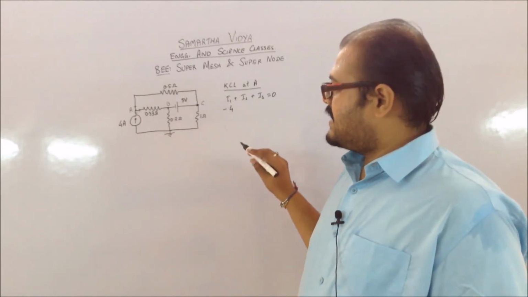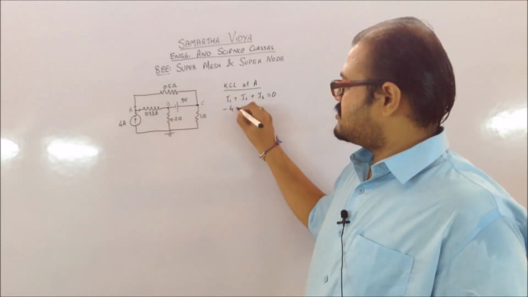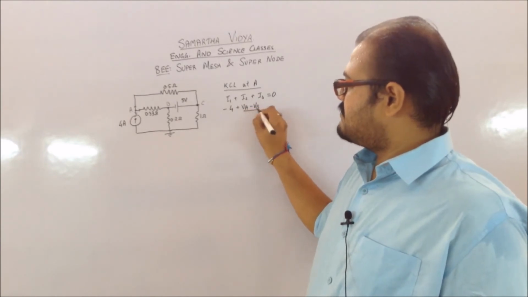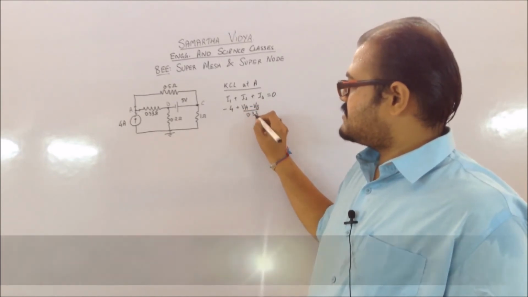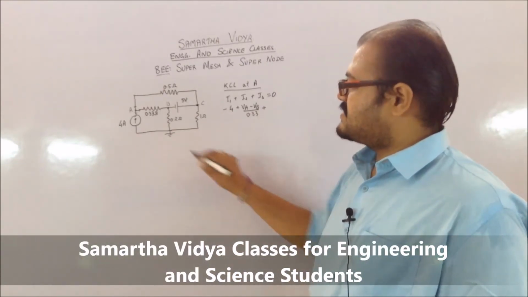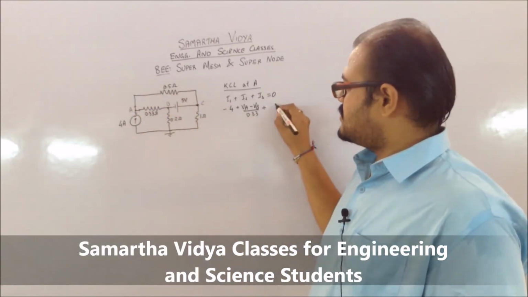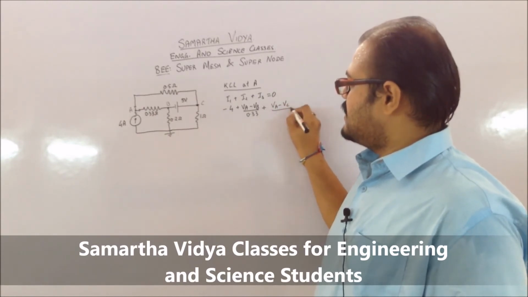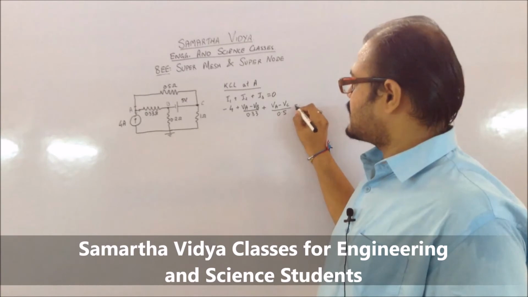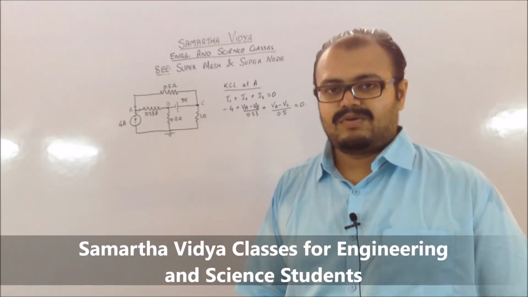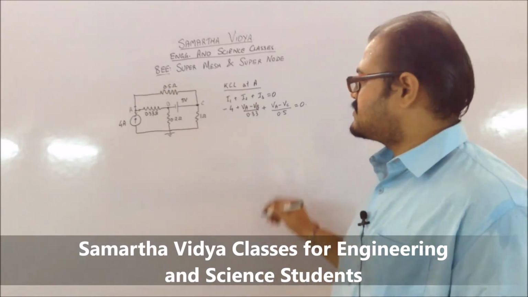I2, which is from here, is going to be plus (VA minus VB) divided by 0.33. The next will be plus I3, which is going to be (VA minus VC) upon 0.5. This thing is equal to 0. From this you will get the equation by rearranging the terms.